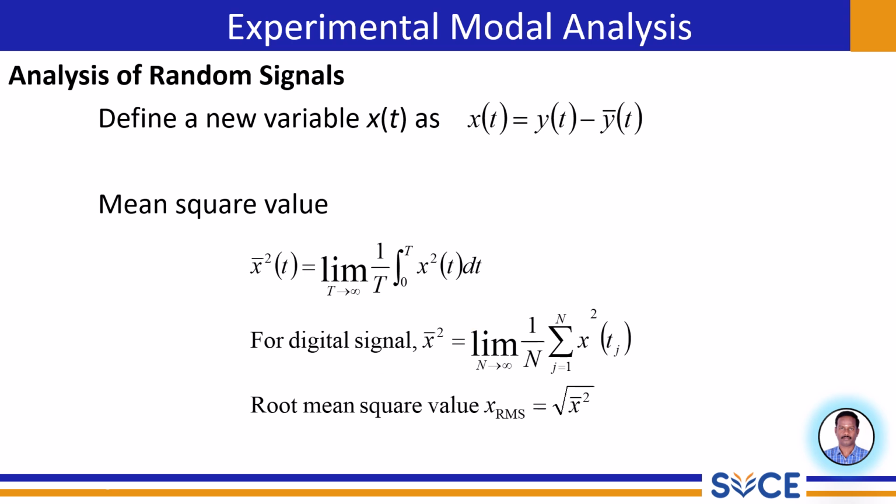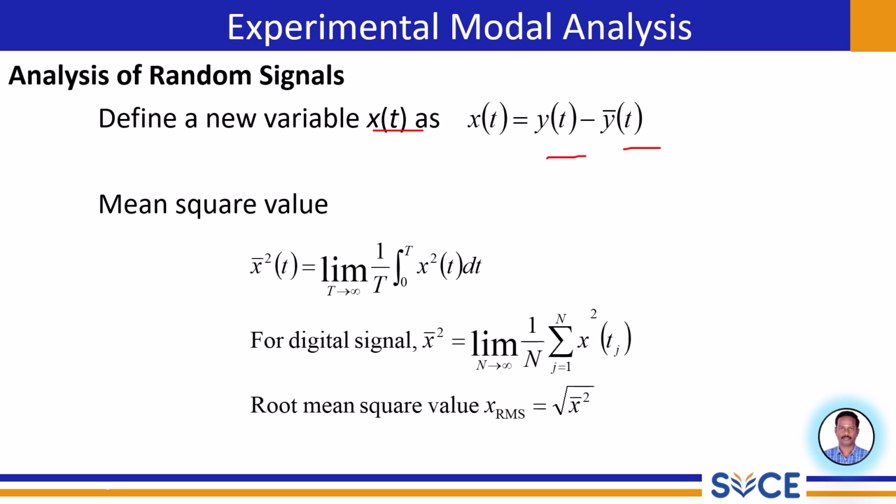On the slide, we start by defining a new variable x of t as the original signal y of t minus its mean value. That's why we put a bar here. This effectively centers the signal around 0, allowing us to focus on the variation of the AC component of the signal. Now, to quantify the power or intensity of this fluctuating signal, we use the mean square value of the continuous signal.